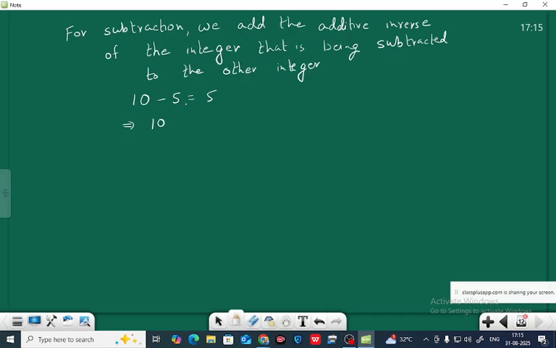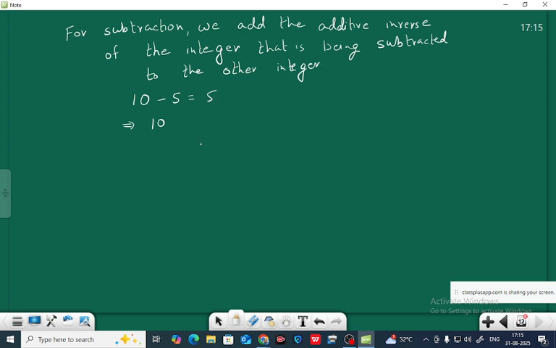For subtraction, we add the additive inverse. That means we add the additive inverse of the integer that is being subtracted to the other integer. In this way, 10 minus 5 is equal to 5, right?